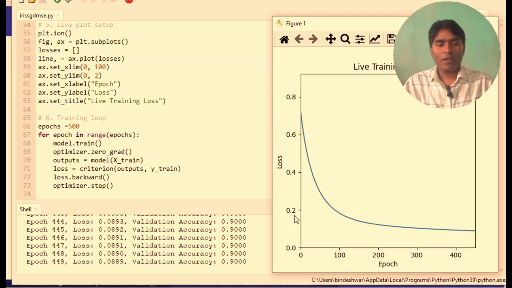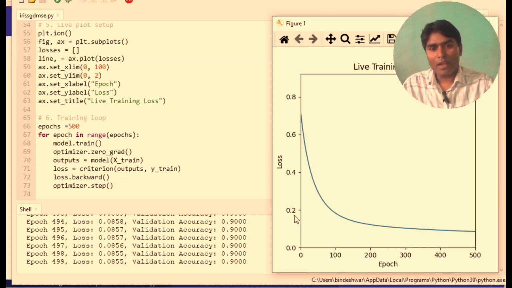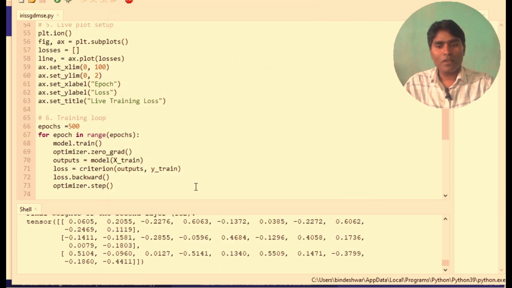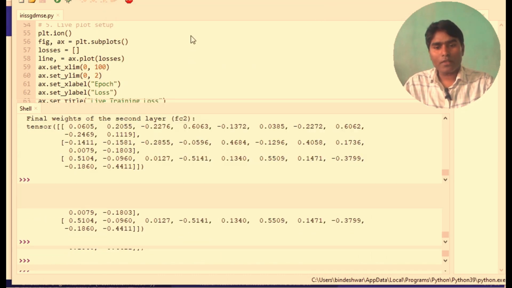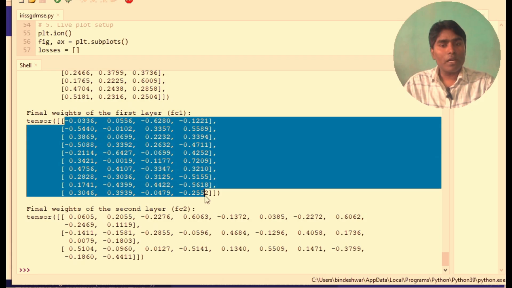See that 400, and I think 460 epochs have run, and it will stop at 499. You can see that, and if I just cut it, you will get weights. So this weight is of 10 cross 4.